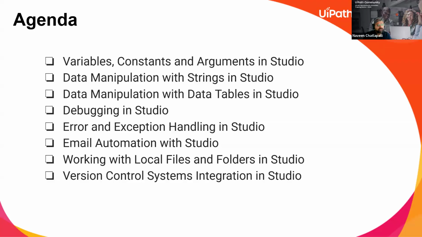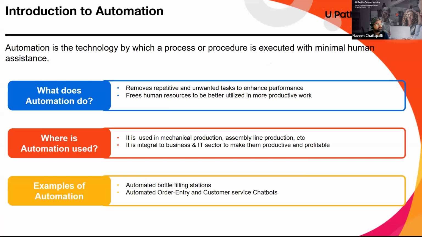All right, but before we jump into the topics, I quickly wanted to touch base on the introduction to automation. Generally, everyone wants to save two things in their work life: one is time and the other is effort. What is the software that solves both of these, time and effort?